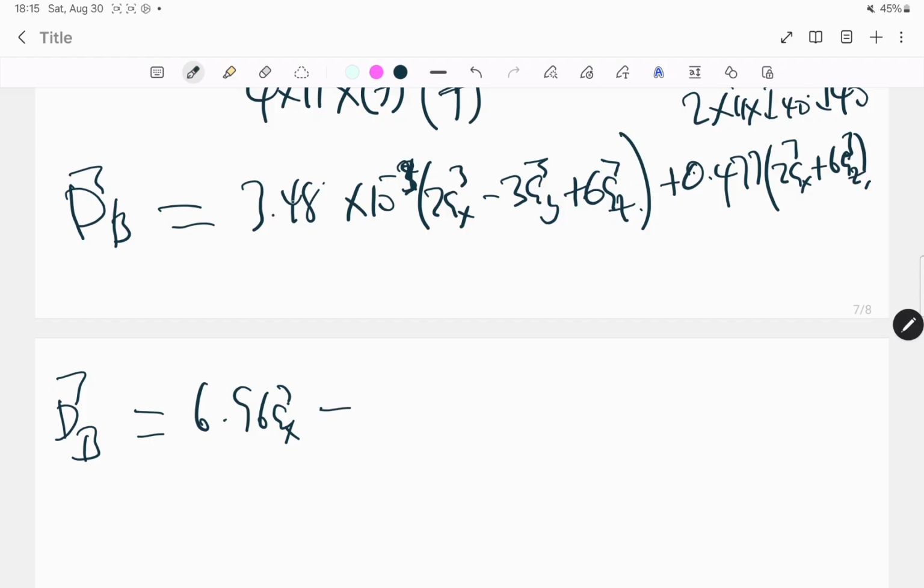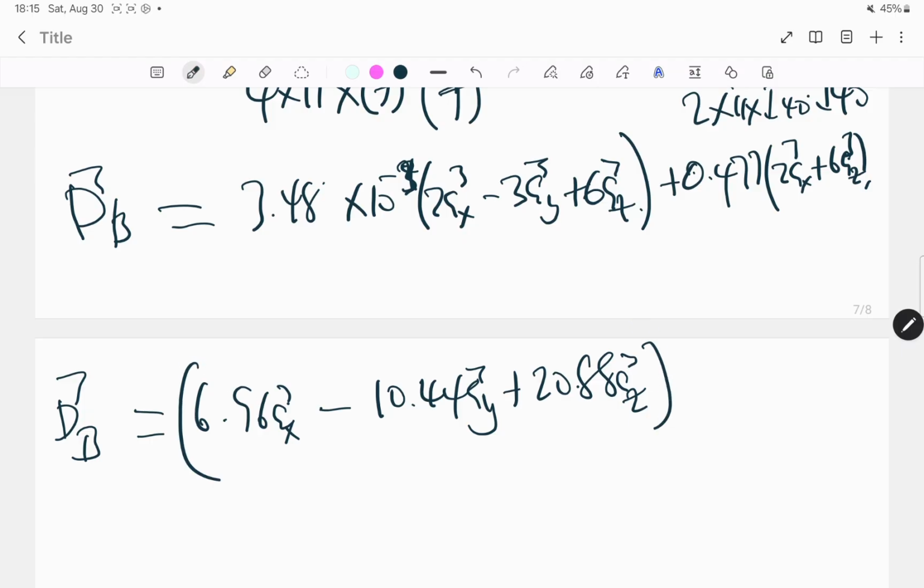So when you multiply this by 3, you get 10.44 along the y-axis, and the last one you get 20.88 along the z-axis. And then now you put all of them into brackets, milli, because we have 10 raised to the power 3 here. So we get this millivolts per meter.